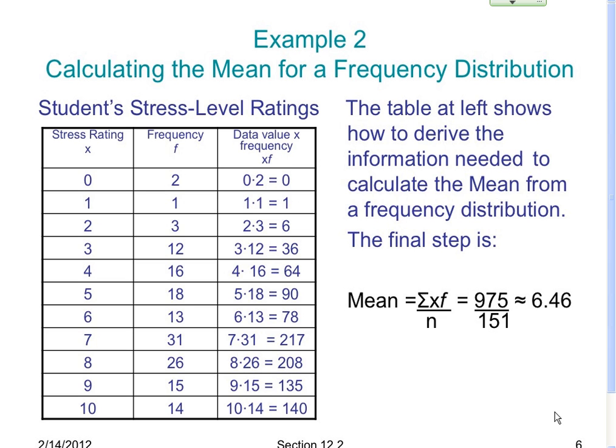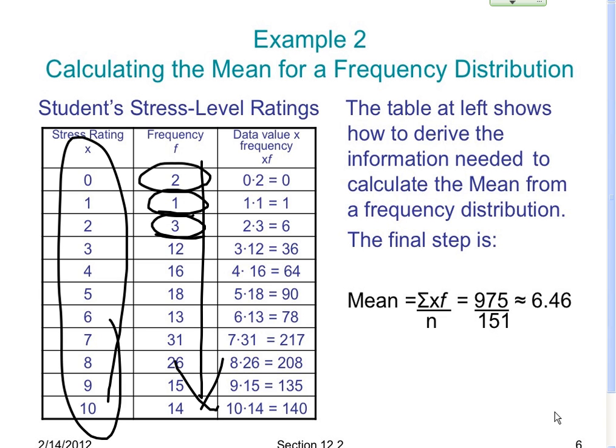The other thing students have trouble with is what to divide by. Again, be careful. Students are just randomly adding up numbers and trying to divide them. I have 2 zeros, I've got 1 one, I've got 3 twos. If you add up this column right here, that will tell you how many numbers you have.